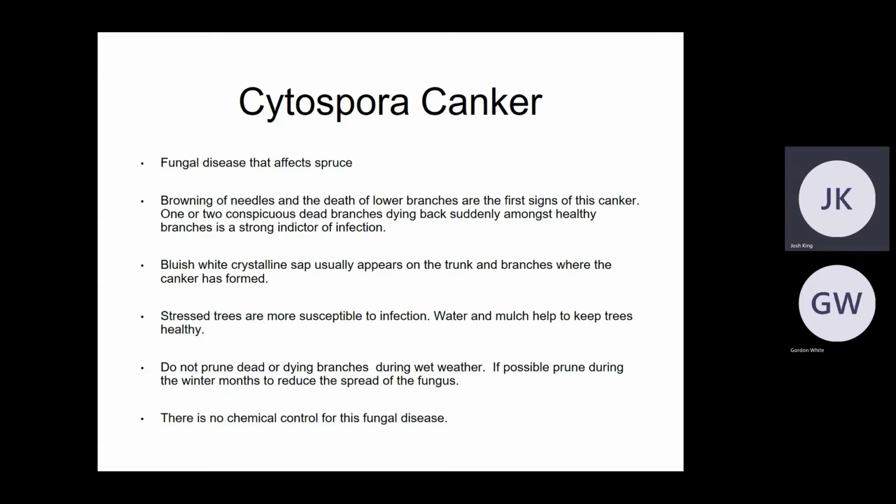It's a fungal disease that affects spruce: browning of the needles, death of the lower branches. So that sap, if it's in the branch and it starts dripping down onto other branches, they get infected too. And it's usually a wound or something that the fungus will attack.